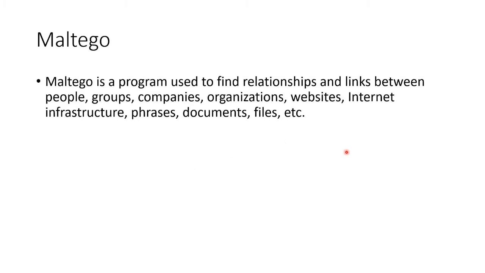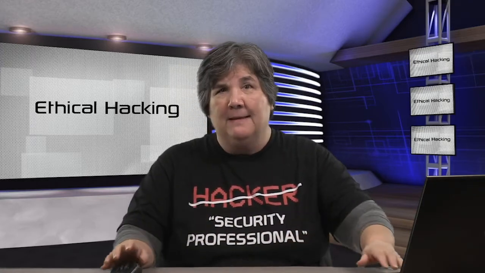And Maltego has been used successfully to trace back the originators of denial of service attacks and other sorts of attacks on the internet. Because it'll be like, okay, this IP, which is associated with this region, which has these groups, which has those emails, and it just spreads out like that.